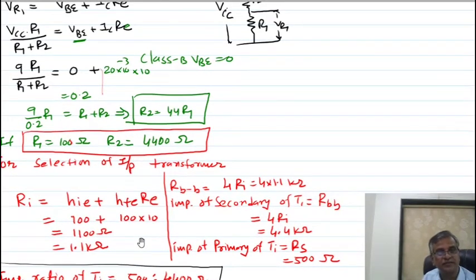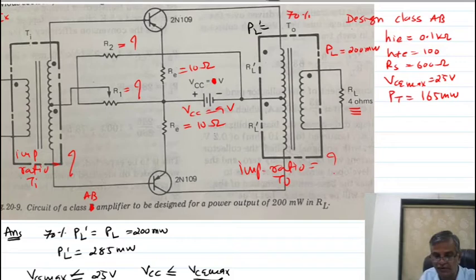So it is class B. Same circuit you can do for the class AB. Only you have to select the different value of the R1 R2. You have to select such that the VB should be 0.5. Here VB is nothing but you have got this VB.